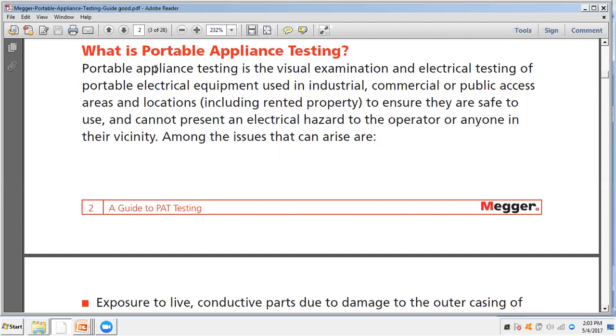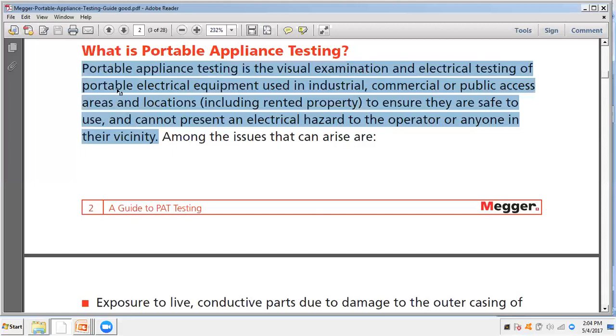So portable appliance testing is a visual examination and electrical testing of portable electrical equipment used in industrial, commercial, or public access areas and locations to ensure they are safe to use and cannot present an electrical hazard to the operator or anyone in their vicinity.